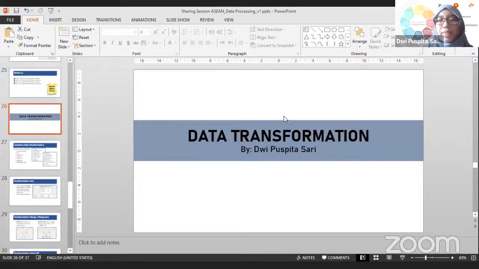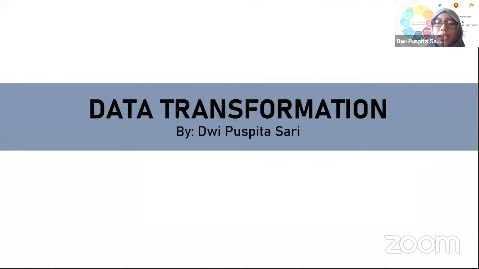Okay, I'm going to first explain about the data transformation itself before we move on to the hands-on and practice session. First of all, we learned about data manipulation language on the first day in part two. Data transformation is basically, some of it is similar to data manipulation language.